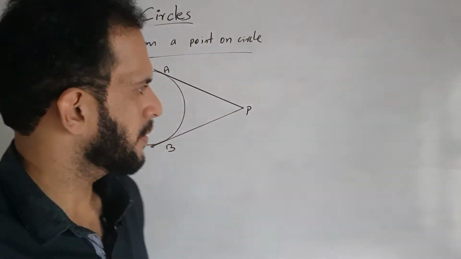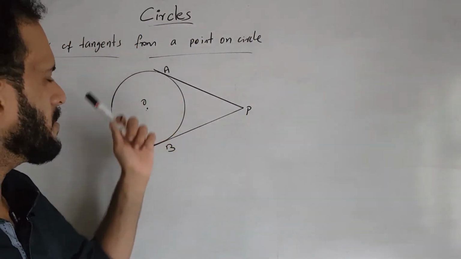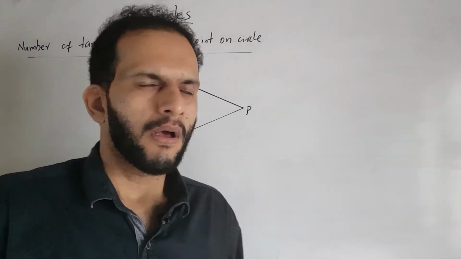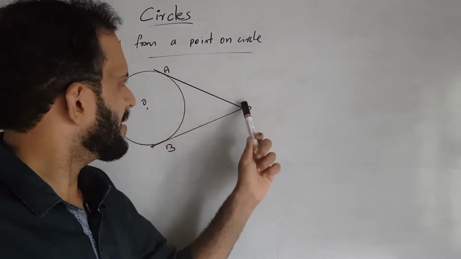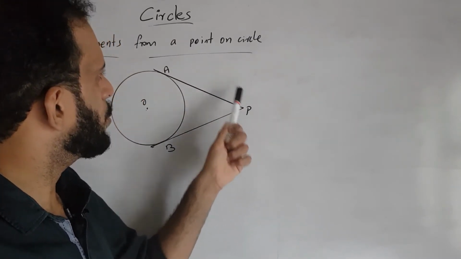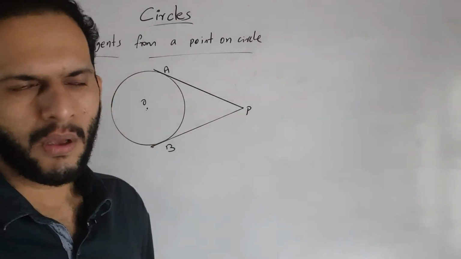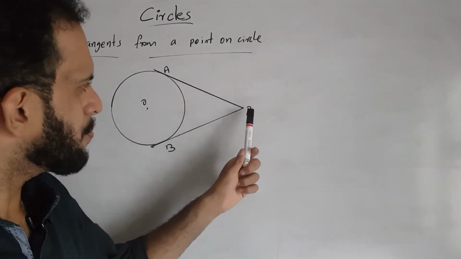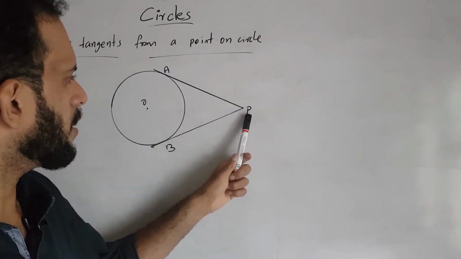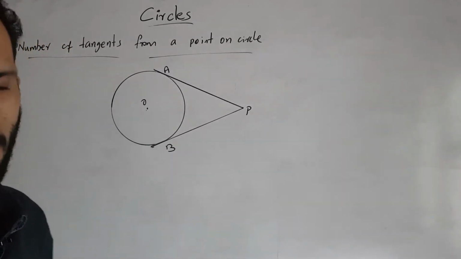Okay, that one is like this. Here O is the center of the circle and P is an external point. Then AP is a tangent drawn from the external point P to the circle. And it is possible to construct one more tangent from the same external point to the circle like this.